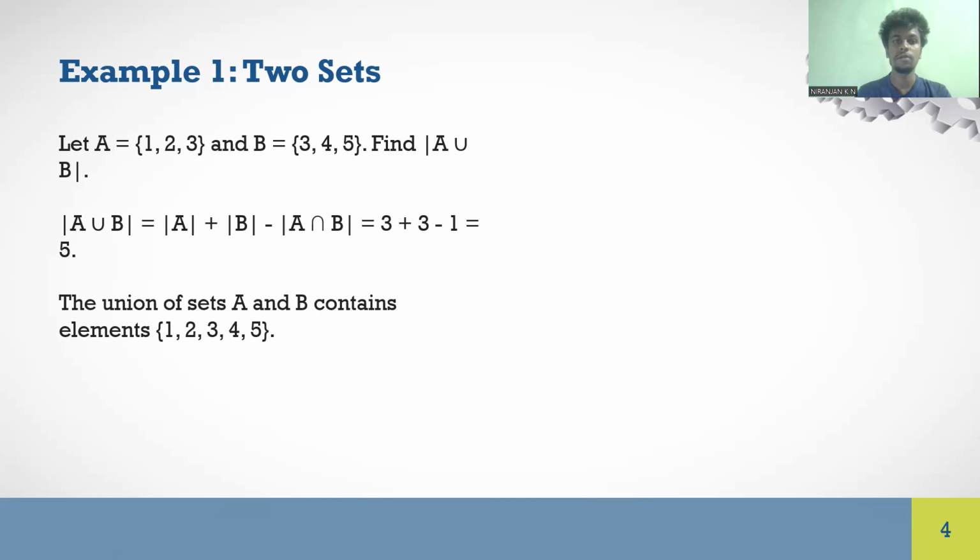Modulus of A union B is equal to modulus of A plus modulus of B minus modulus of A intersection B. The modulus of A is 3, plus modulus of B is 3, minus modulus of A intersection B, which is 1. So we finally get the answer as 5, and we conclude that the union of sets A and B contains the elements 1, 2, 3, 4, 5.